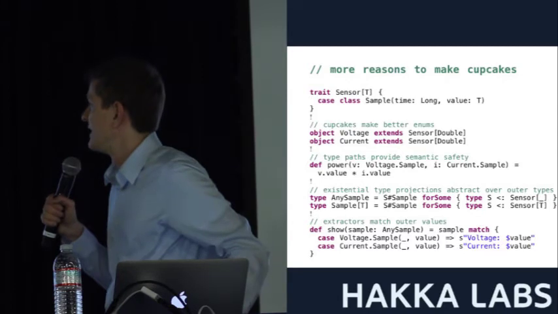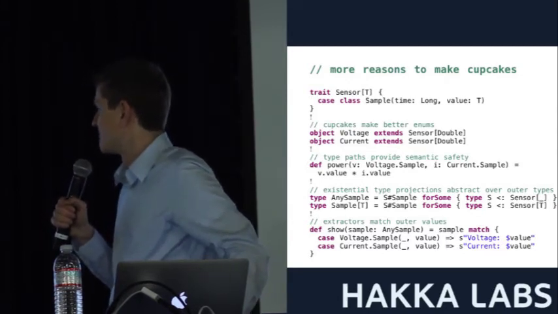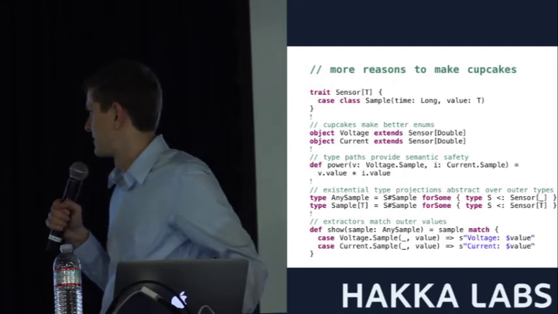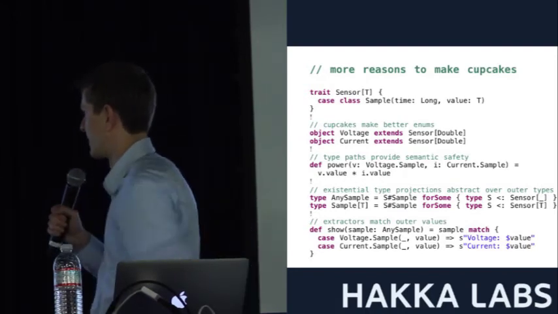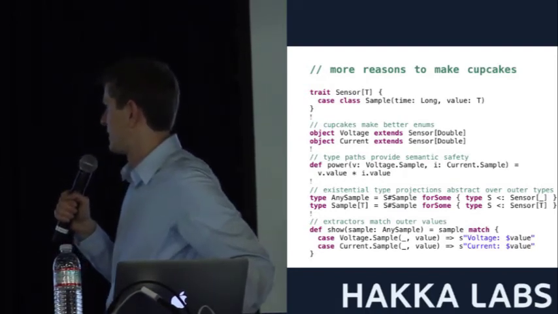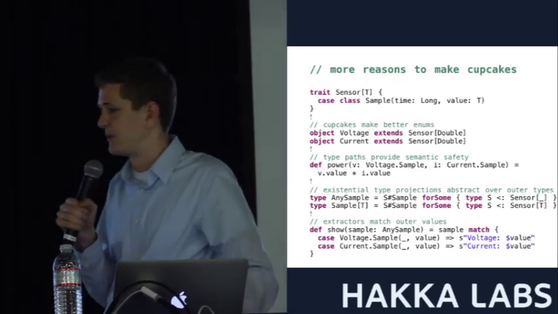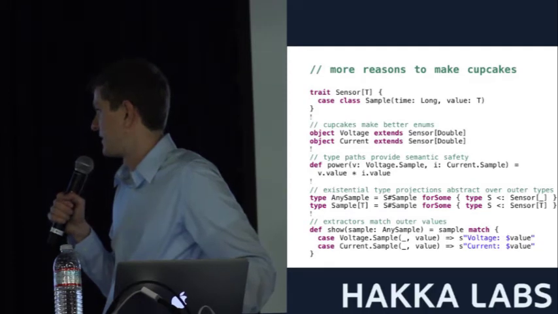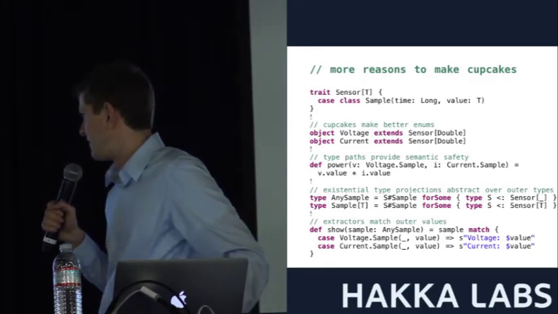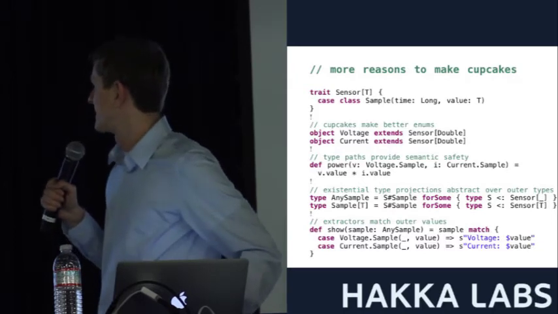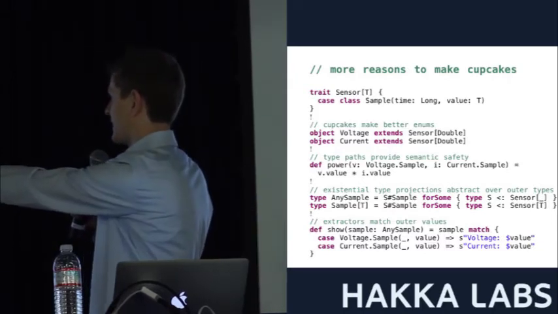And so you can still get into situations where you're mixing up values, which can lead to problems. But here you can see if you want power, you want a voltage sample and a current sample, and you multiply them together, and you can't pass in voltage for current and vice versa. And you can get back the sample T type if you need it.